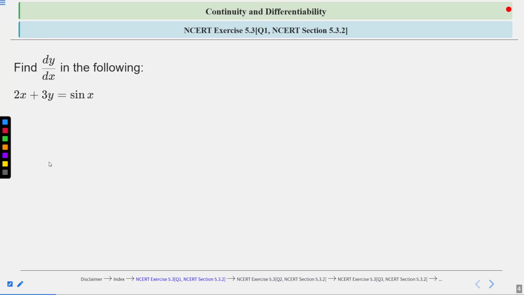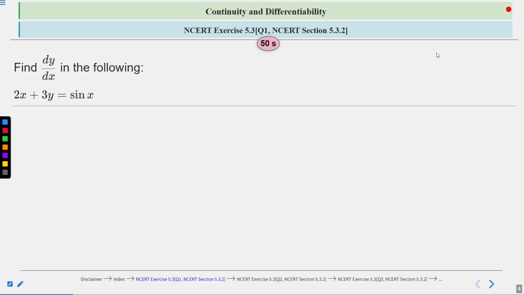So let us start with question number 1, which says find dy by dx in the following: 2x plus 3y is equal to sine x, right? It is given that 2x plus 3y is equal to sine x, and we have to find dy by dx. We have 50 seconds to solve or think about this question.